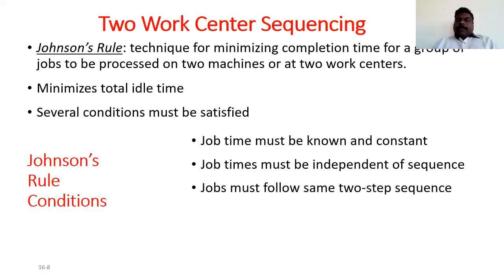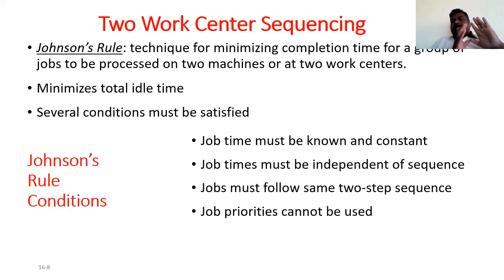And jobs must follow the same two-step sequence, means two job priorities cannot be used here. See that Johnson's rule never uses the top priorities we have discussed. If you are using that priority, no need to use Johnson's rule. So in Johnson's rule, we are not going to take job priorities. So here the rule is there in order to minimize the time.